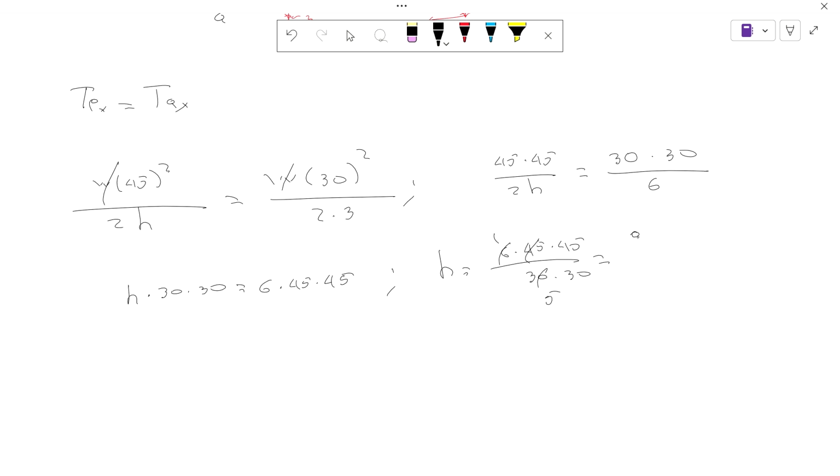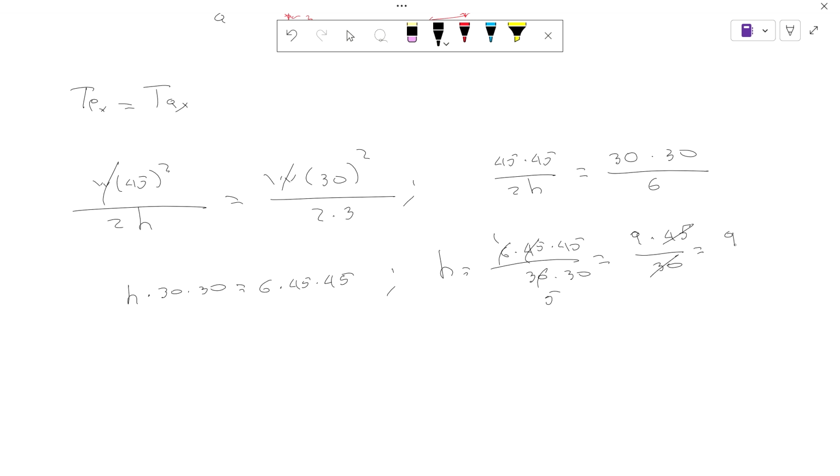9 times 45 divided by 30, right? So 9 times 45 divided by 30. Well, actually, we can cancel this more because this is 5, this is 5.